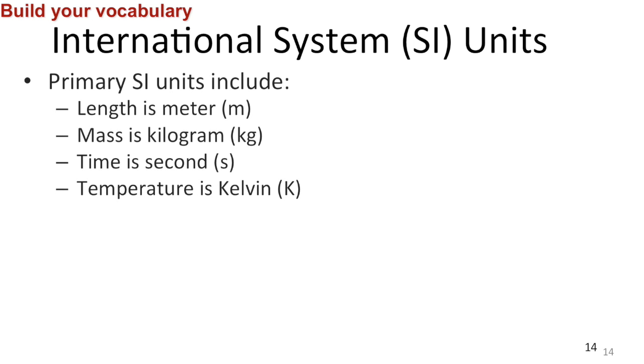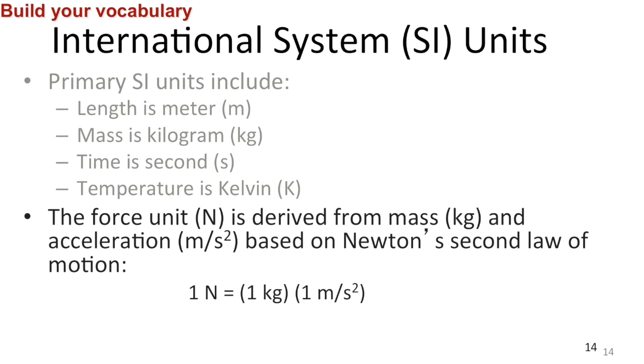Okay, for the international system units, we have the primary SI units that include length, mass, time, and temperature. Now, the force unit in the SI system is a derived unit.